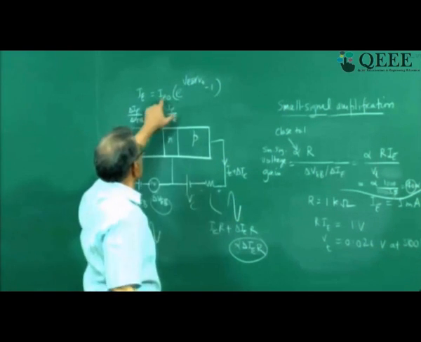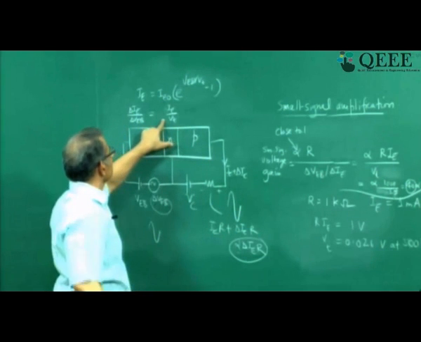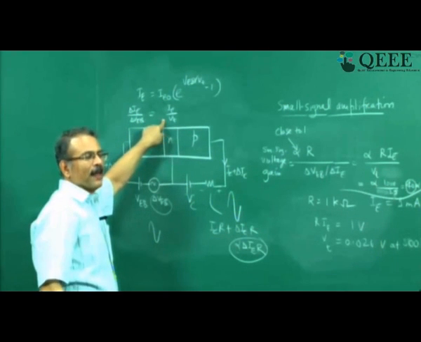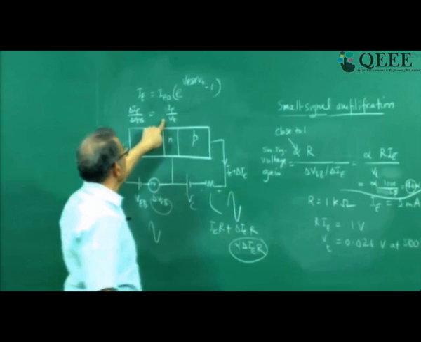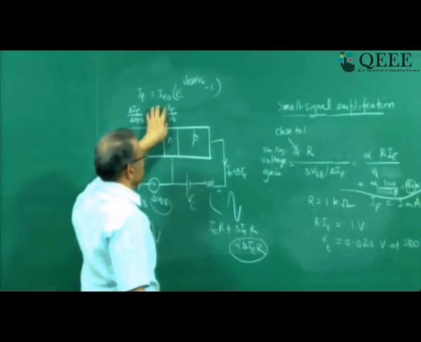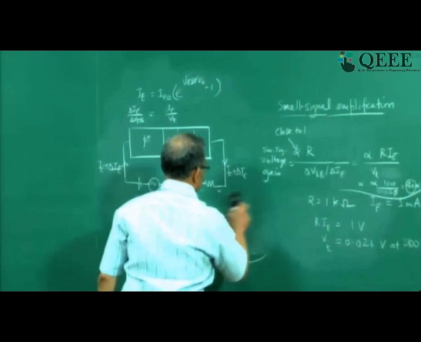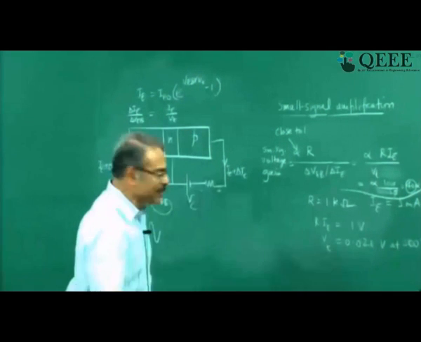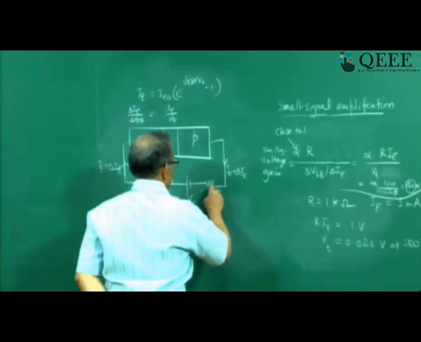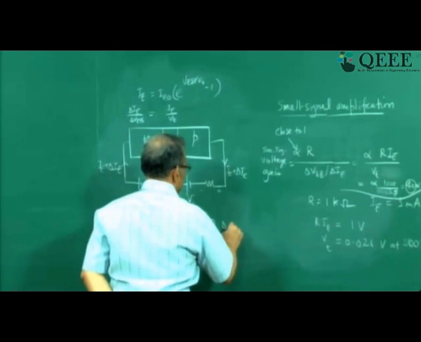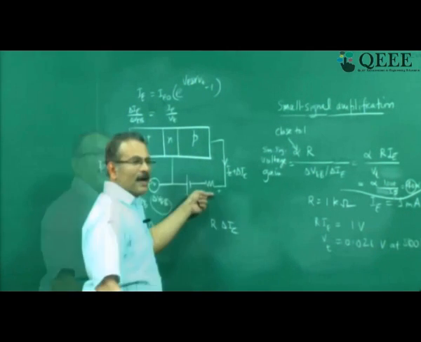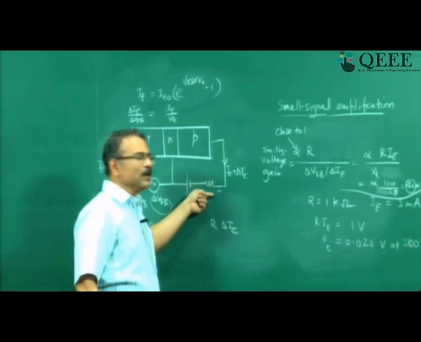When you differentiate this, you get this. Then it is not so difficult at all. Now, what is the voltage across the resistor? What is the small signal voltage across this resistor? It is R into delta IC.